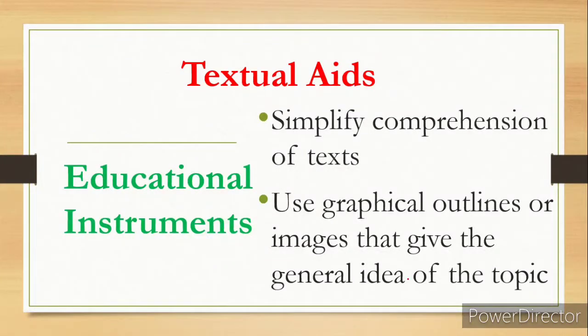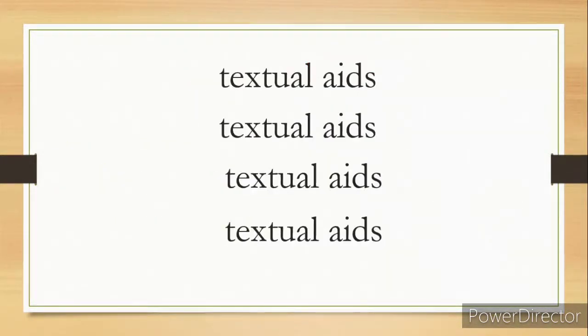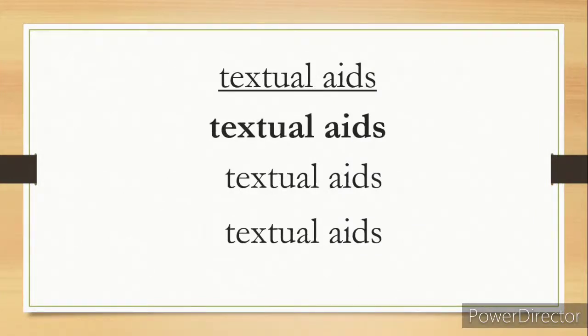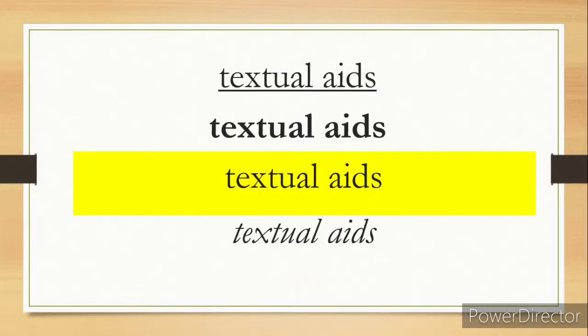There are textual aids that are easy to use and very recognizable, like underlined words, bold text, highlighted words, and italicized words. They help the readers look for important details in a text.